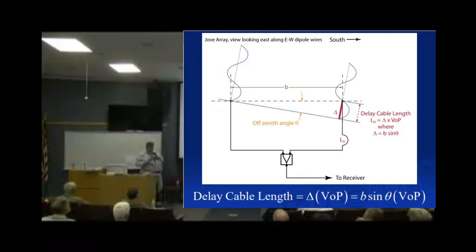One way to, I don't know, maybe it will help you, maybe it won't. One thing that helped me was to realize that whether the wave is traveling through space or through coax doesn't make a difference. It's all the same.